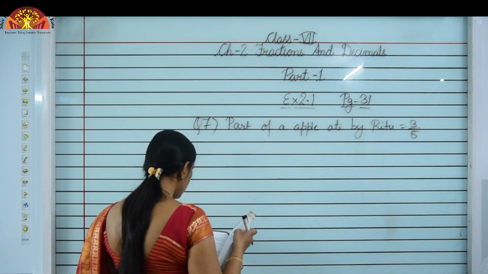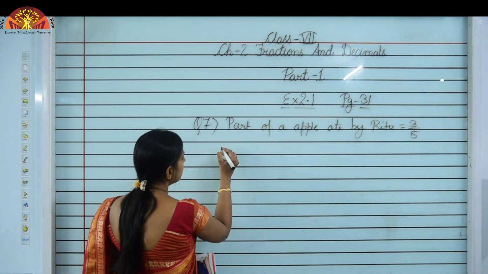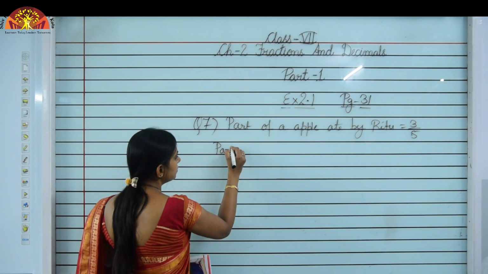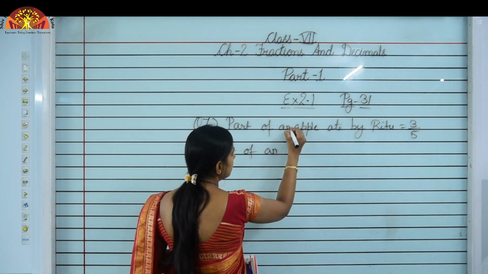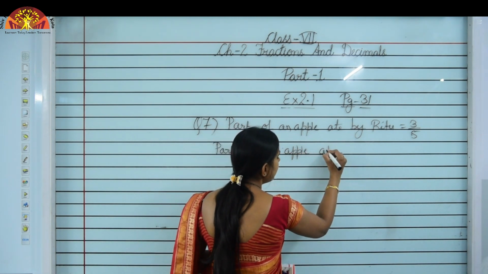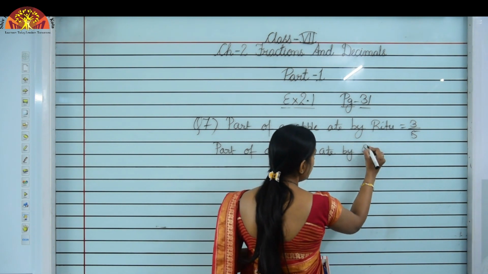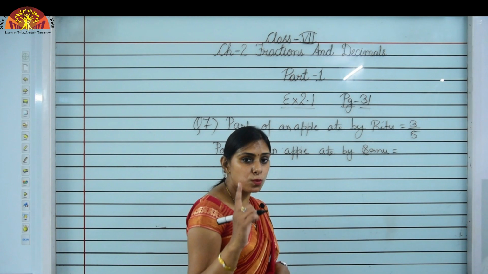Now how much part of the apple did Somu eat? So we can just write, part of an apple eaten by Somu, which is equal to how much? There was one apple.